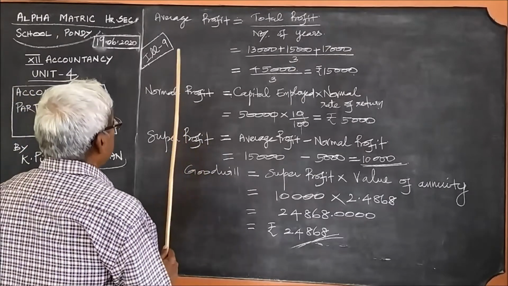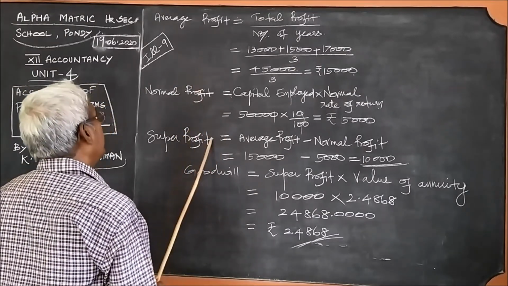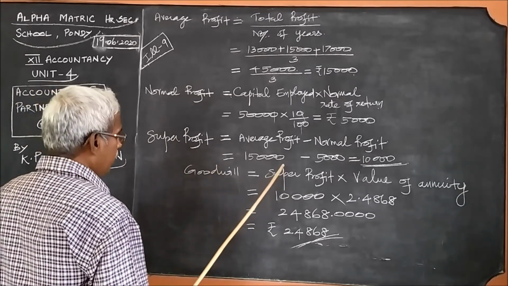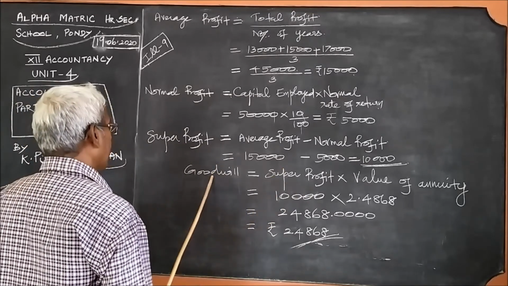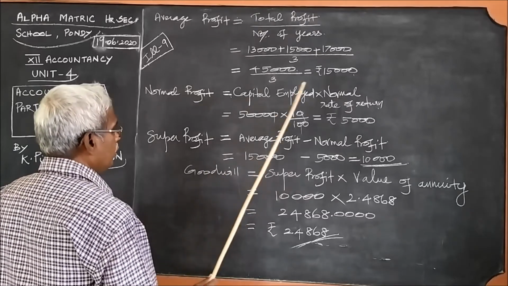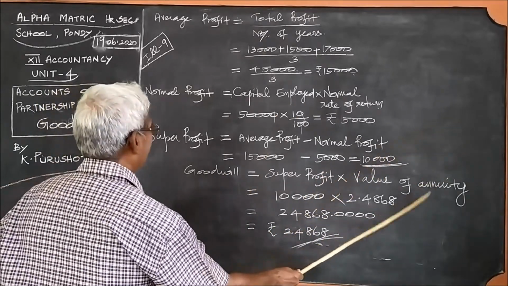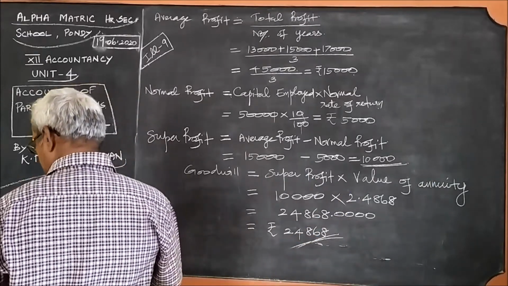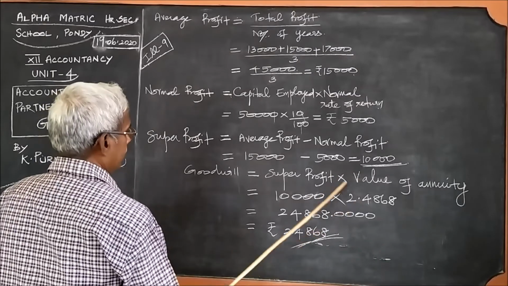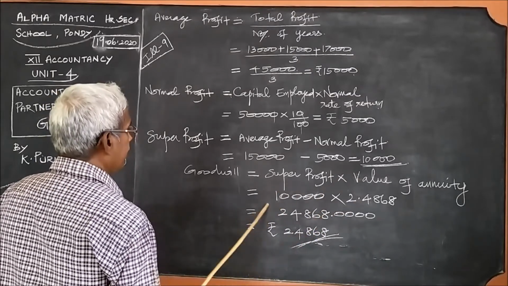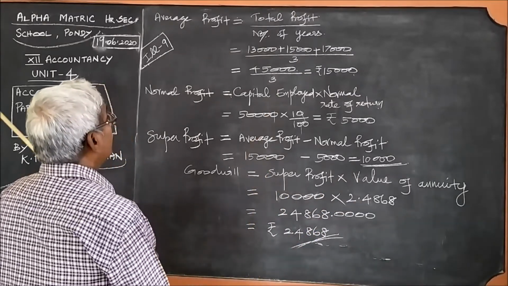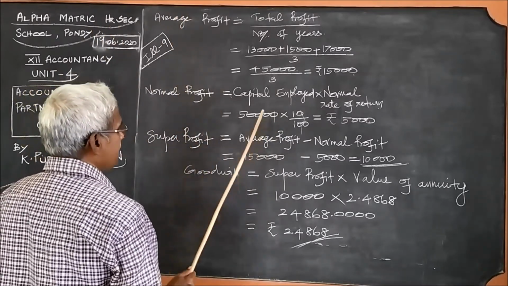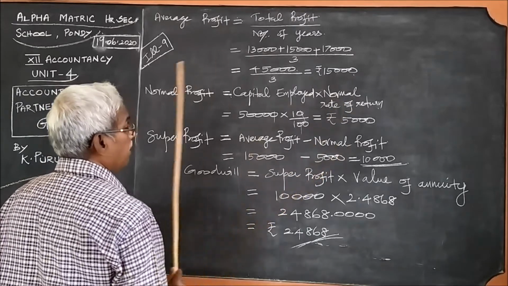See, this we are doing under annuity method of super profits. How to calculate goodwill? Goodwill is equal to super profit into value of annuity. The value of annuity is given in the book itself. So we must find the super profit as usual. To find the super profit, we must find the average profit and the normal profit.